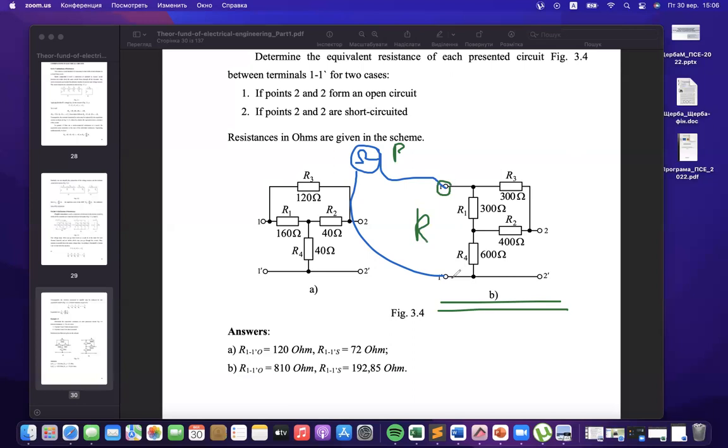From 1 to 1 with a dot. Yes, from 1 to 1 with a dot. The total resistivity between these 2 points will be going directly through R1 and R4.